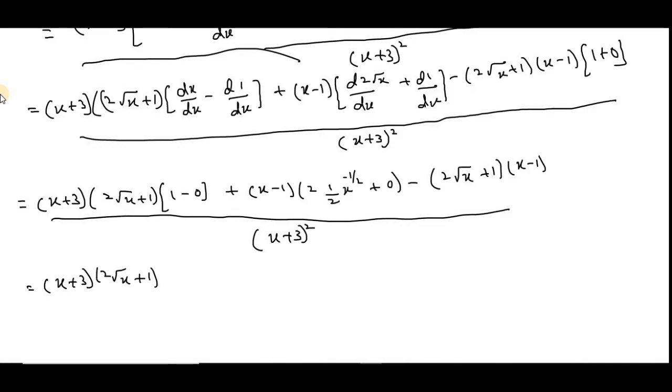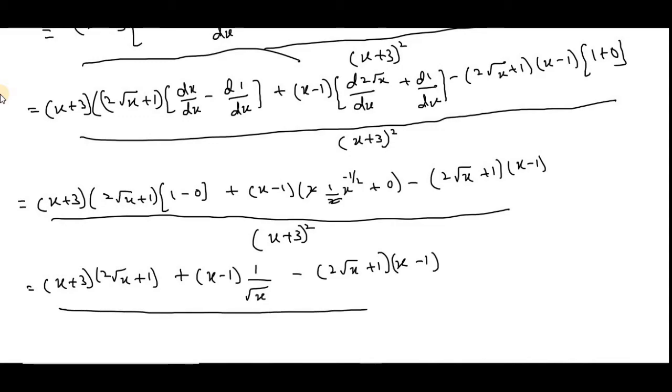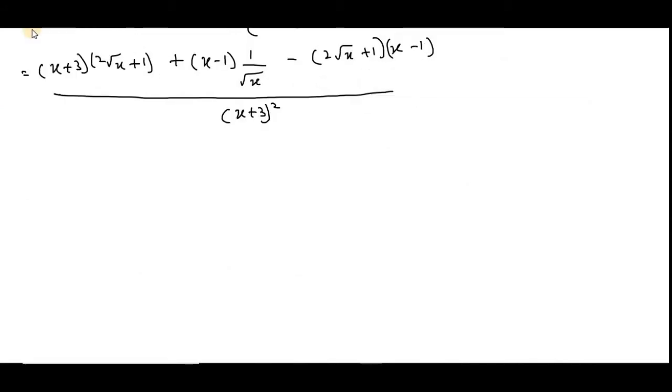Now (x + 3), (2√x + 1), plus (x − 1), and here this 2 and this 2 are cancelled and we get 1 over √x, minus (2√x + 1)(x − 1), and whole divided by (x + 3) whole square.